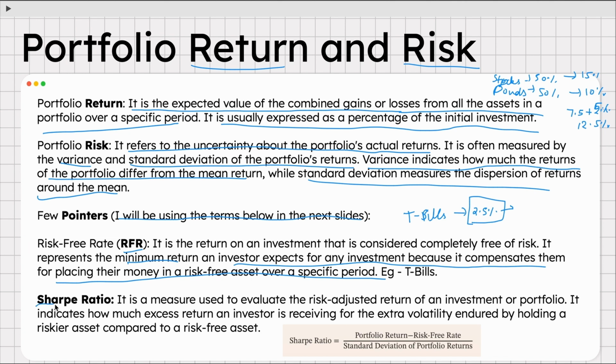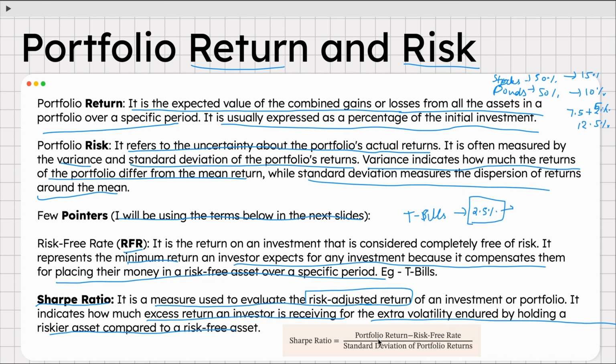Then Sharpe ratio. It is a measure used to evaluate the risk-adjusted return of an investment or portfolio. This is the main word, risk-adjusted return. It indicates how much excess return an investor is receiving for extra volatility endured by holding a riskier asset compared to a risk-free asset. Don't worry about this whole wording.